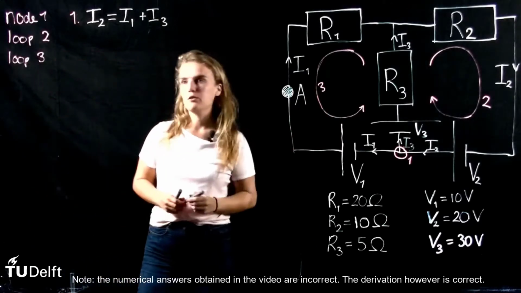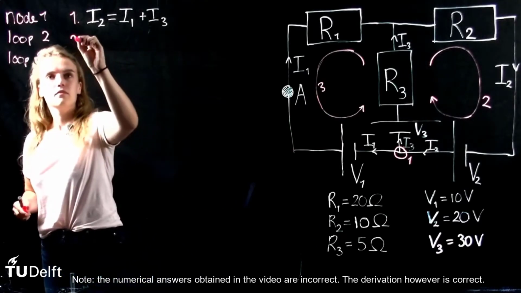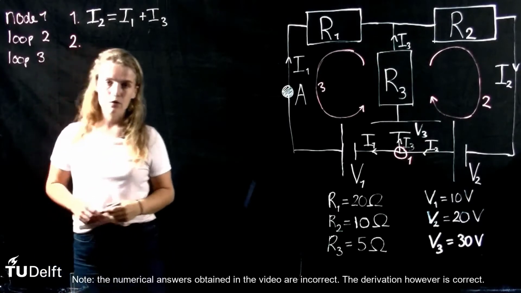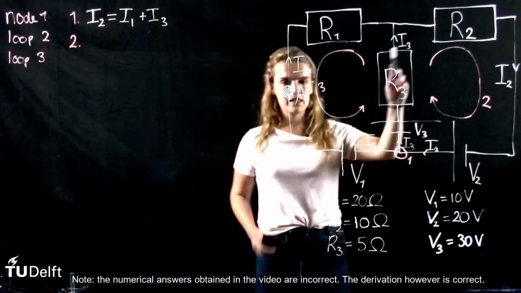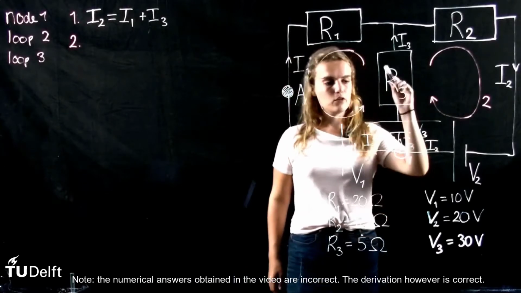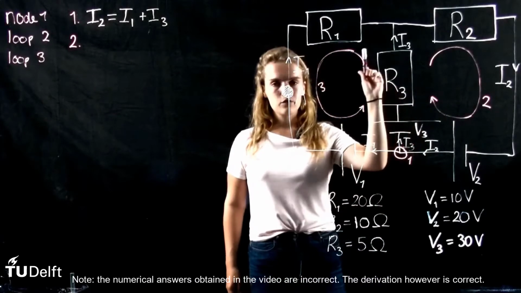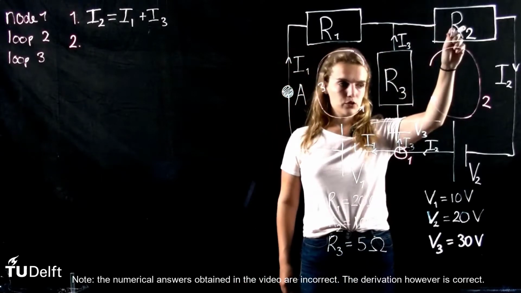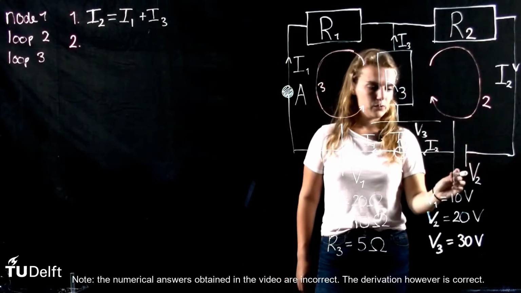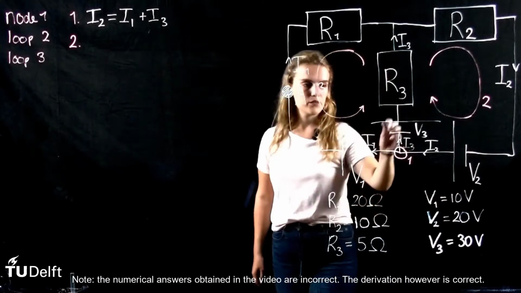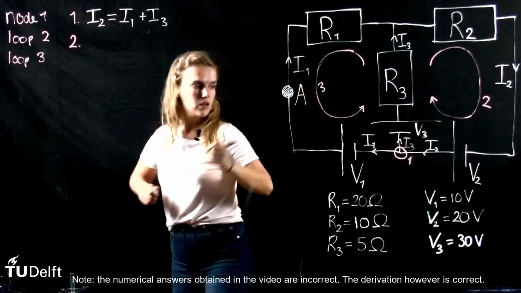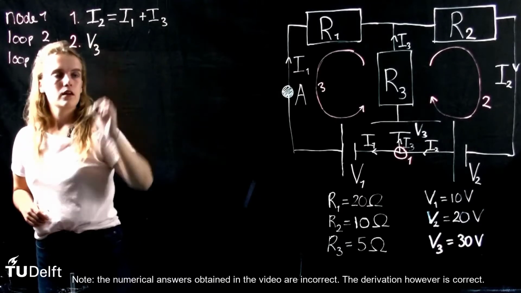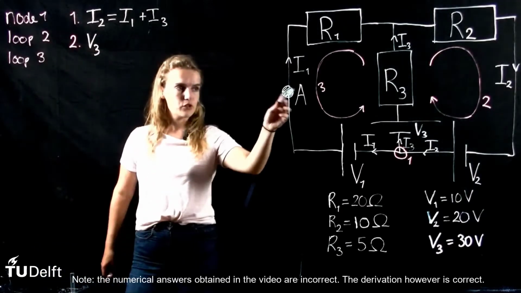we now have to look at voltages, because we are looking at a loop instead of a node. So we have the voltage V3, then the voltage dissipated through R3, the voltage dissipated through R2, and we have V2 as well. So let me start with V3. Then we look at the voltage through R3.